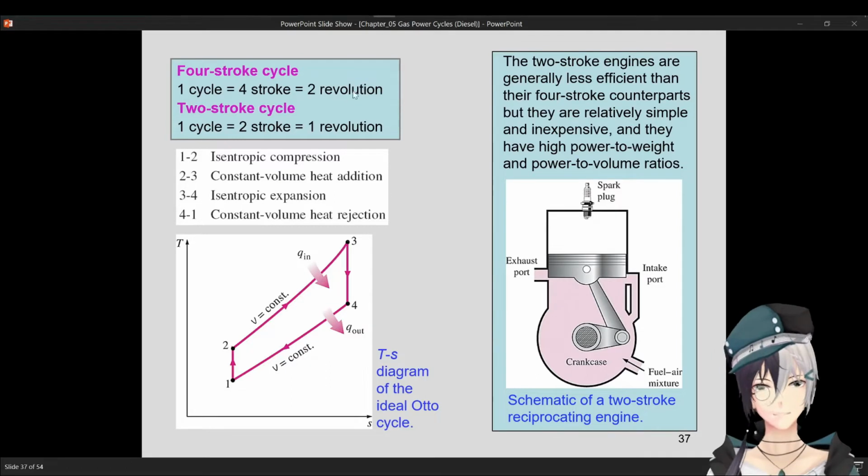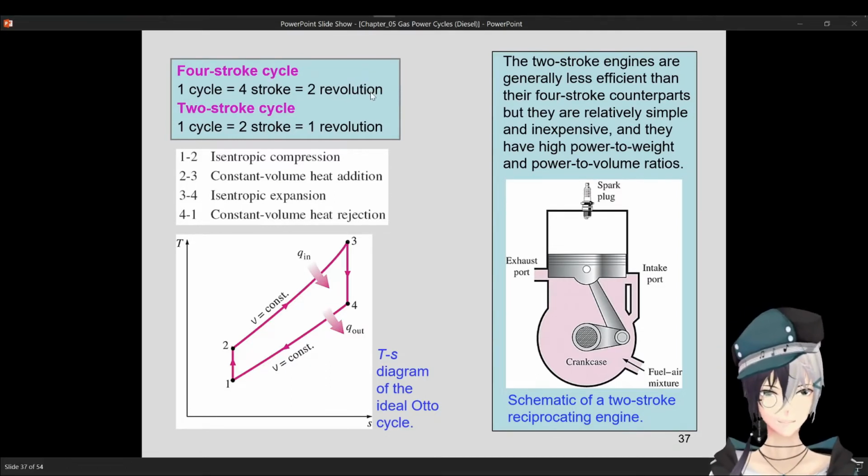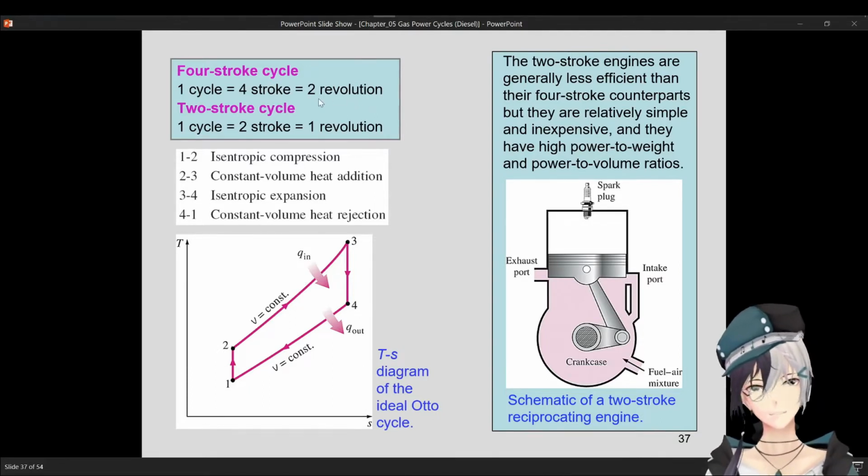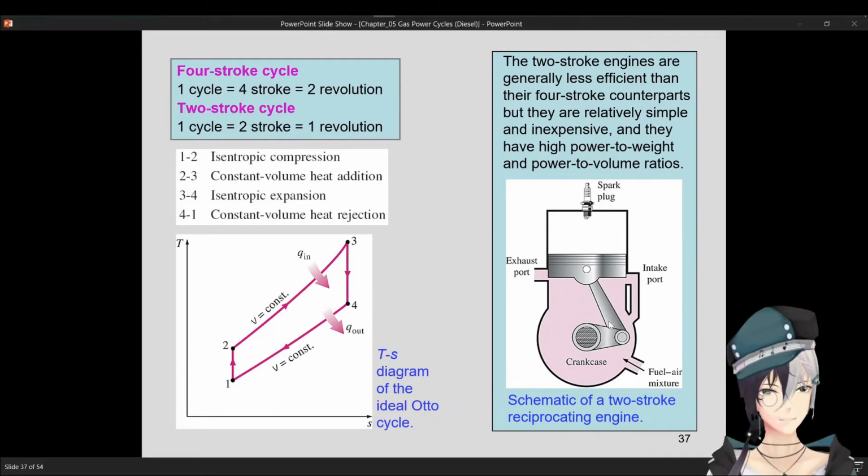So in two revolutions, one complete cycle, you produce only one power stroke. The piston moves up and down, and in the crankcase, this one will move twice, so you have two complete revolutions.